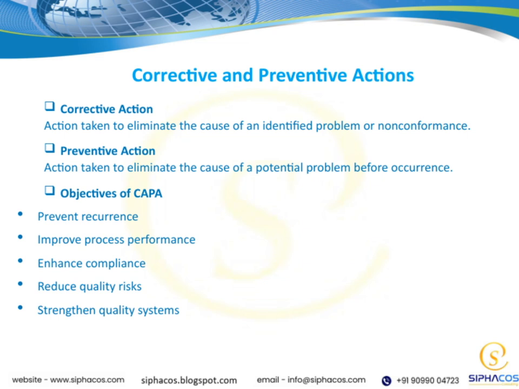Reducing quality risks is another critical goal, as it helps us avoid serious problems down the line. And finally, strengthening our overall quality systems ensures that our processes are robust and reliable. So, whether we're fixing issues or preventing them, CAPA plays a vital role in maintaining high standards and driving continuous improvement across our organization.